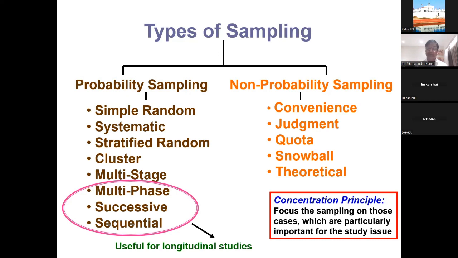So there are mainly two types of sampling: probability sampling and non-probability sampling. Probability means there is a probability of good accuracy. Non-probability means there is no probability of accuracy of the sampling method or survey method.